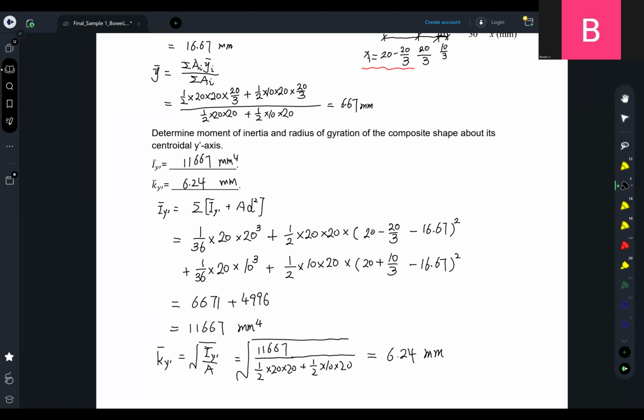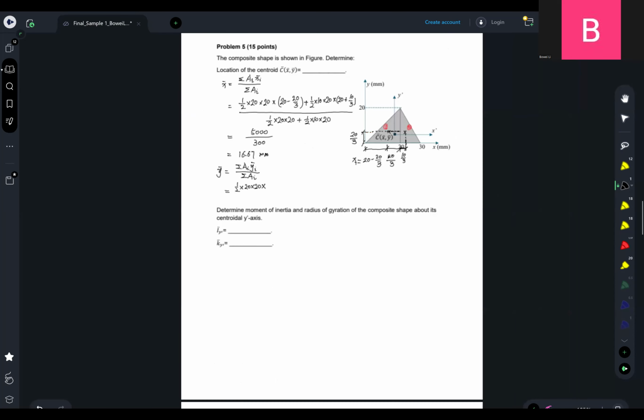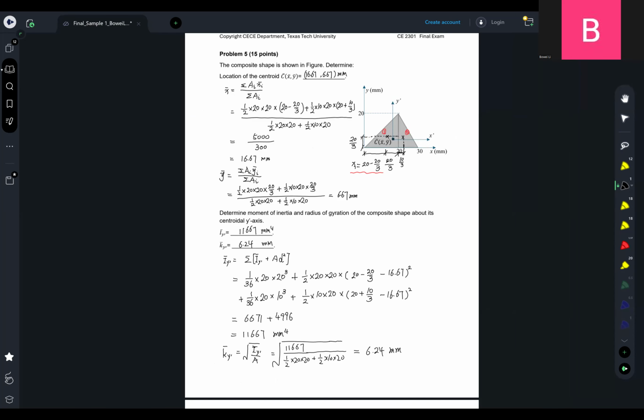Okay, so this is for problem 5 here. Problem 5 is examining whether we can calculate the location of the centroid, moment of inertia and radius of gyration of a composite area.